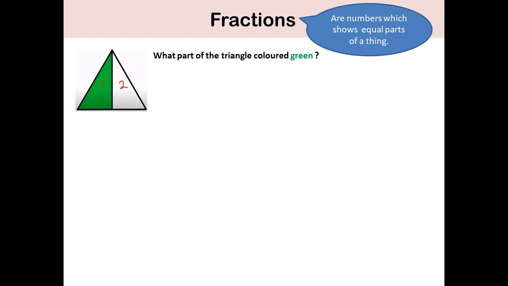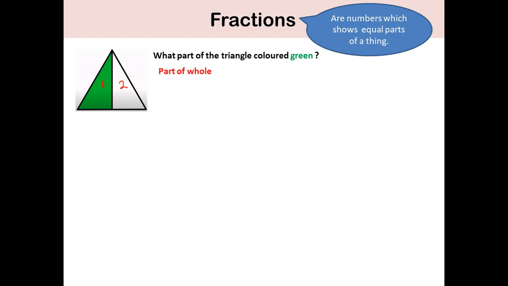As I had told you, we need two things to answer this question. Part of the triangle which has been shaded green, so part of whole. So one part only. Here you can see there are two equal parts in this triangle, and one part has been shaded green.